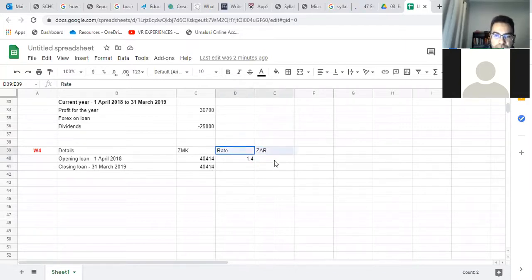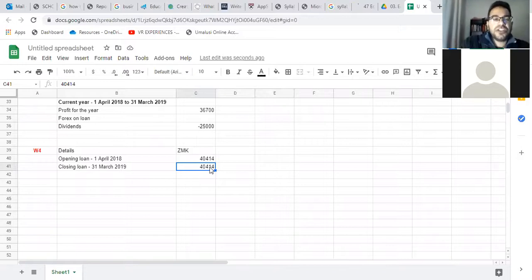No, so you mustn't do it like this. So just take note. On 1 April, what was our balance? 4414, right? For our closing balance, we need to get the foreign exchange amount. The foreign exchange amount is going to change as a result of the ZAR amount.